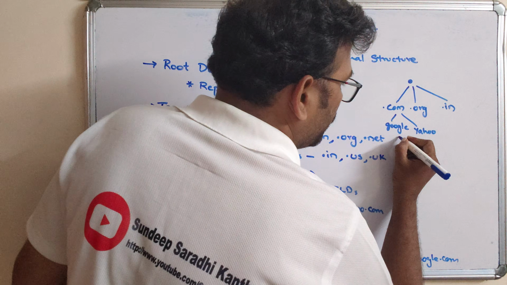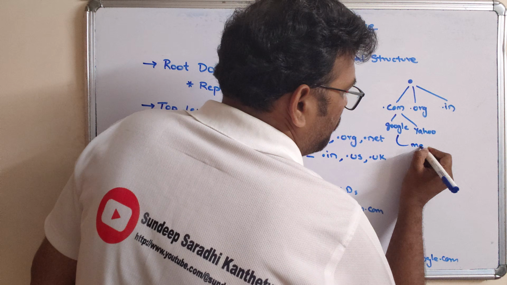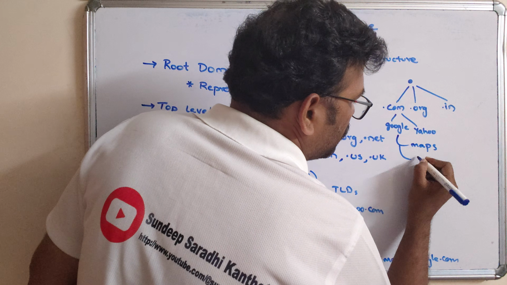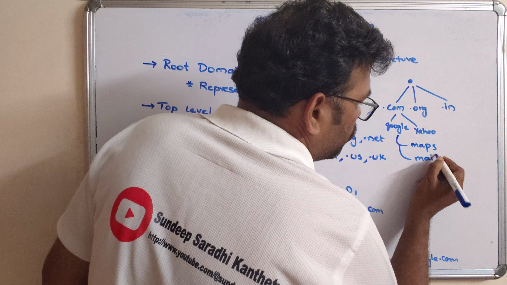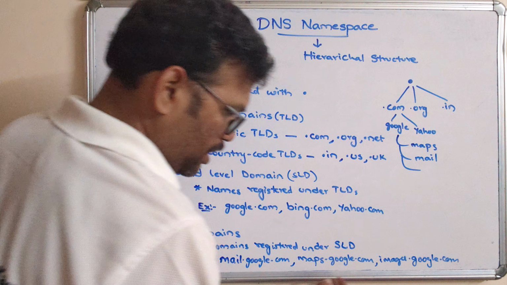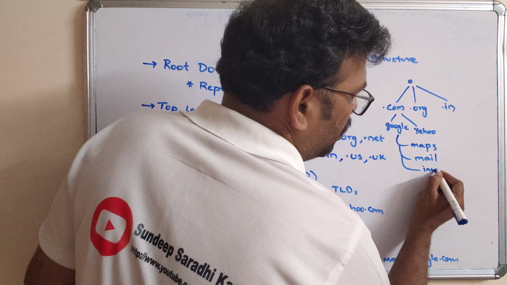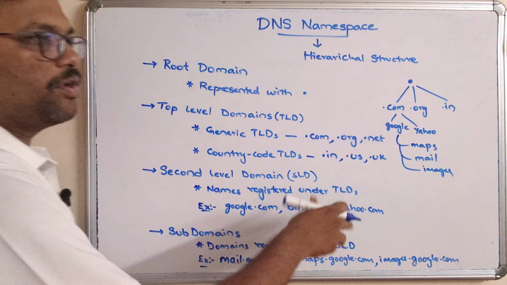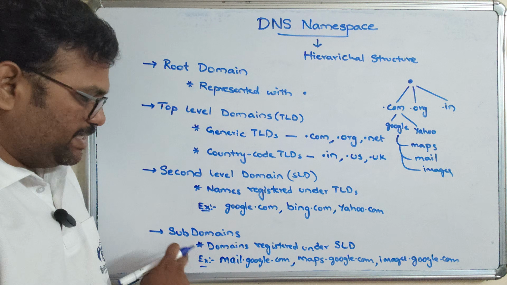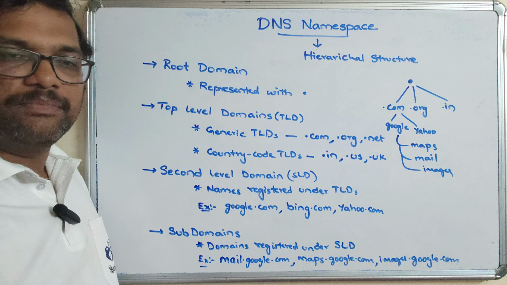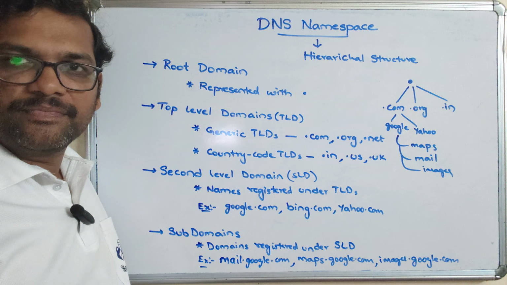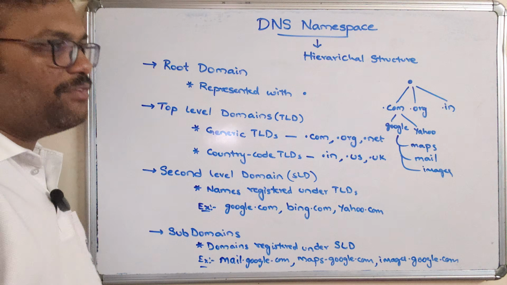So here you can see maps.google, mail.google, similarly images.google, photos, etc. All these come under the subdomains. So this is the hierarchy it will follow.